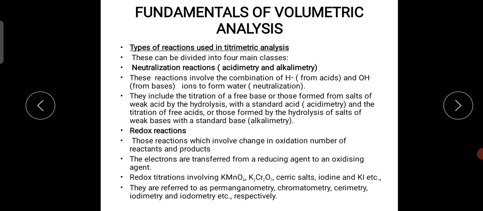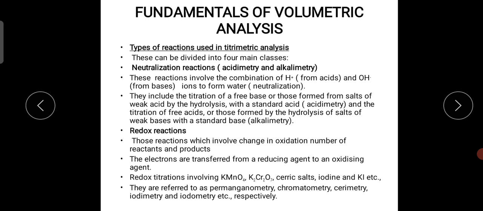First one is the neutralization reaction. It is an acid-base reaction, a combination of H positive and OH negative, that means acids and bases, resulting in the formation of water. That is called a neutralization reaction.